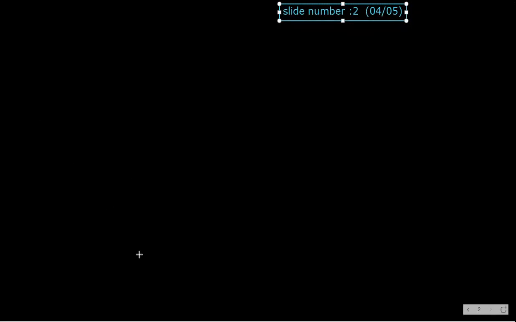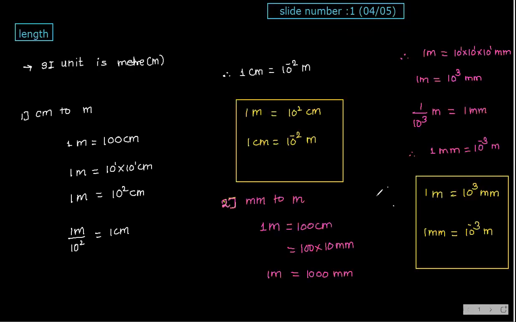Okay, one more I am taking, that is micrometer. First was centimeter to meter, then millimeter to meter, and next is micrometer to meter. So micro means what? Micro always means 10 power how much?